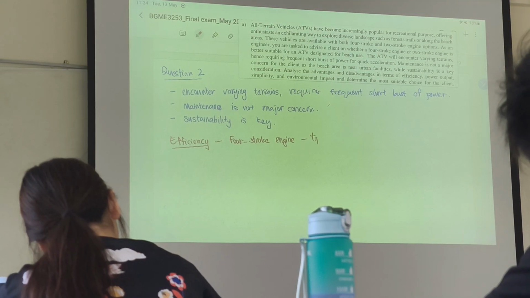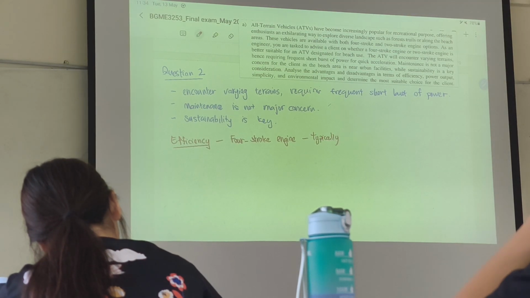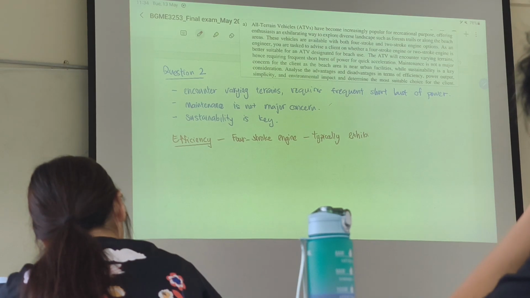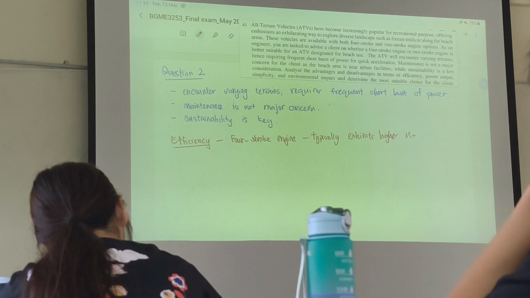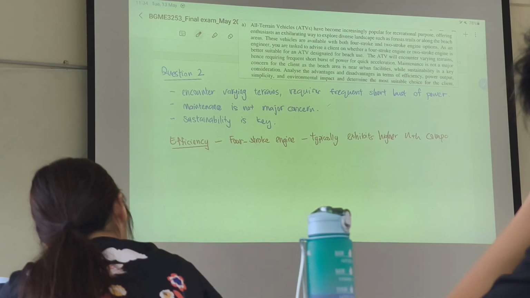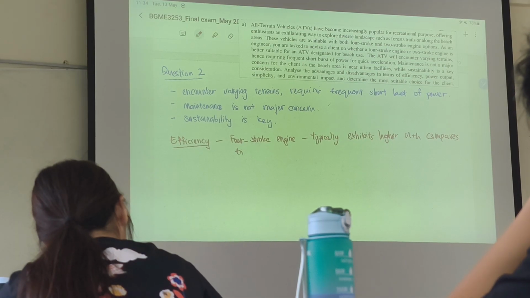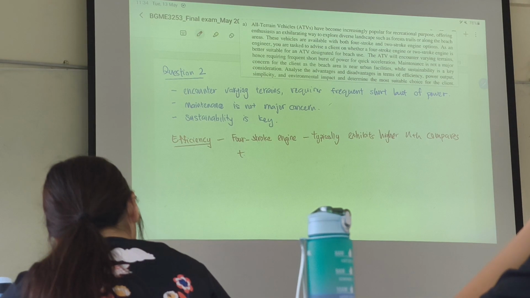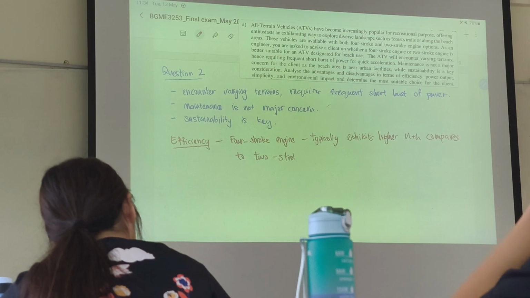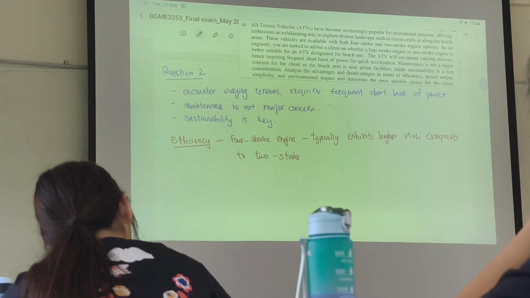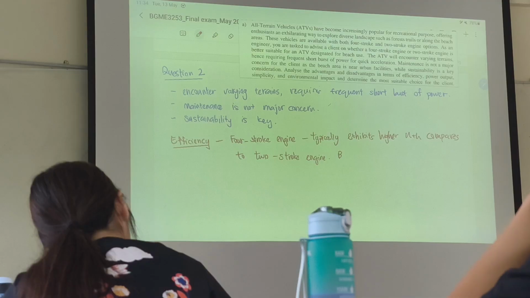It typically exhibits higher thermal efficiency compared to two-stroke engine. Better fuel economy.